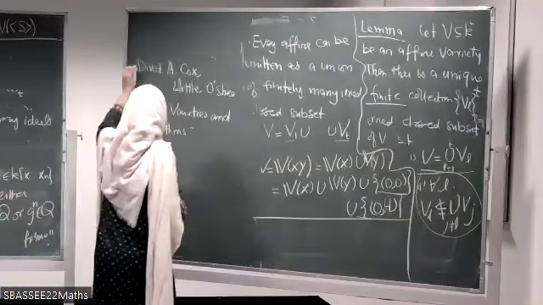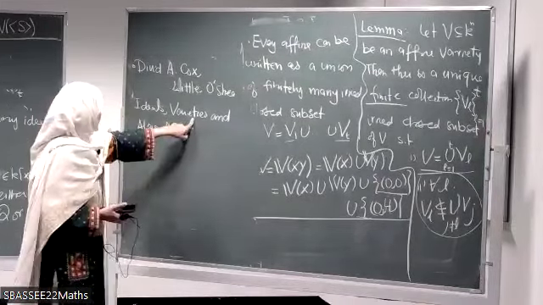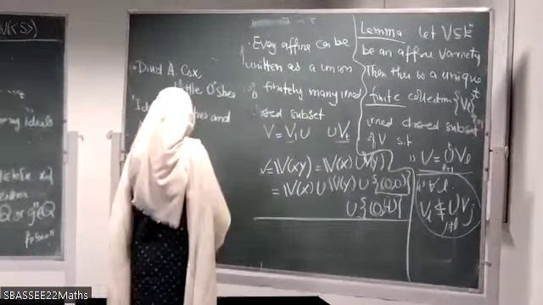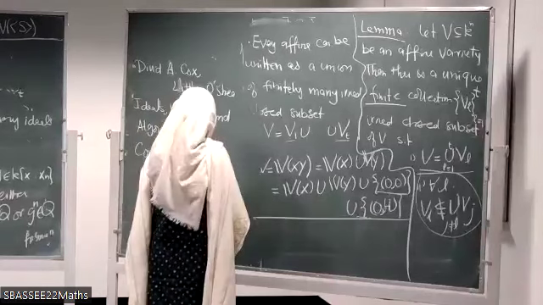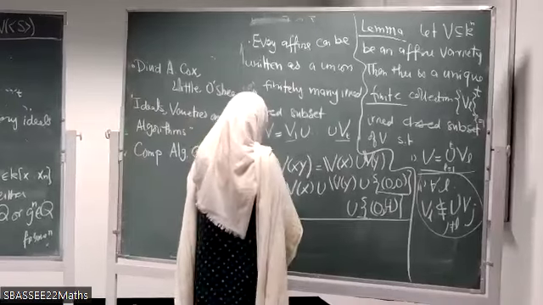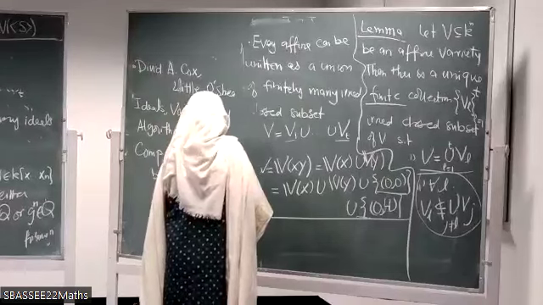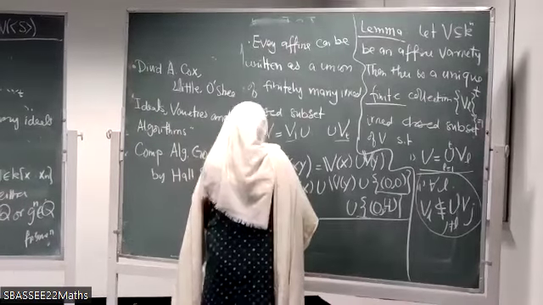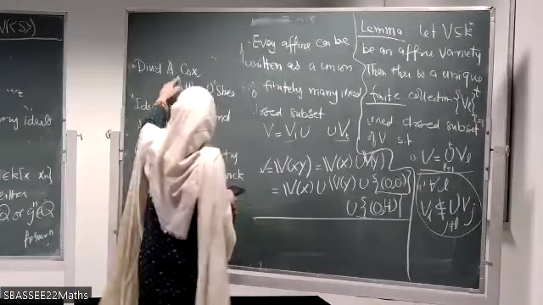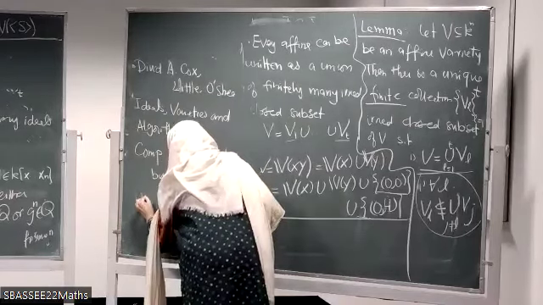This is the very first book, by Cox and Little: Ideals, Varieties, and Algorithms. The other book is on computational algebraic geometry by Paul Shin. There is another book by these three authors, called Using Algebraic Geometry.